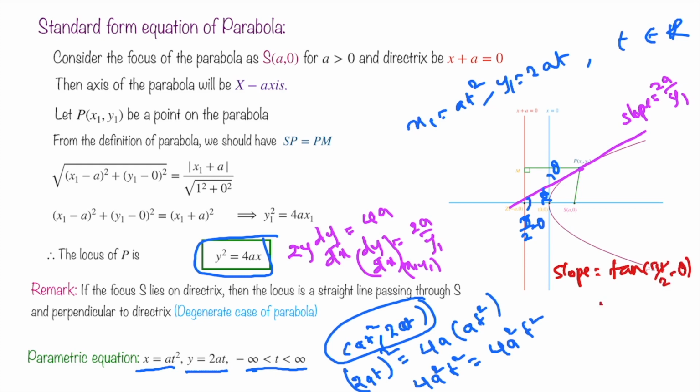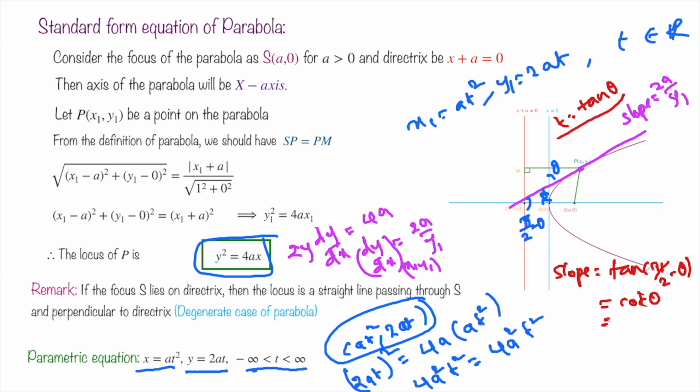So that must be equal to cot theta. Now let me take t equal to tan theta. Here, tan ranges from minus infinity to infinity, so t can be any number from minus infinity to infinity.